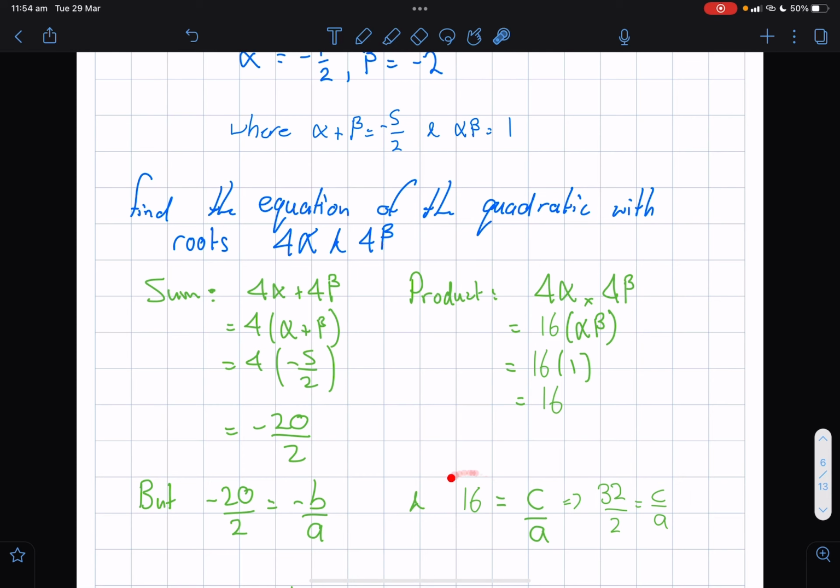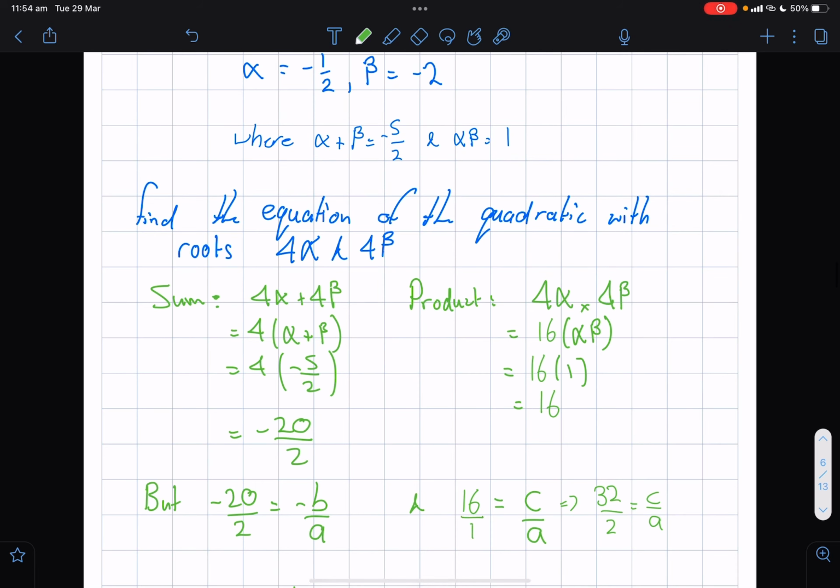Because of that, I want to change this 16 to have the same denominator as this side over here. So I'm going to multiply top and bottom of 16. So remember, 16 is 16 over 1. So I'm going to multiply top and bottom of that fraction by 2. So therefore, 32 on 2 equals c on a.